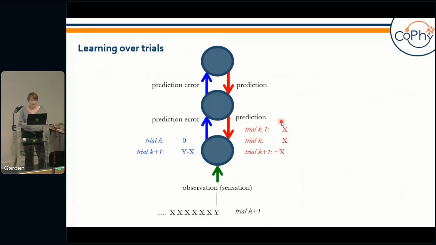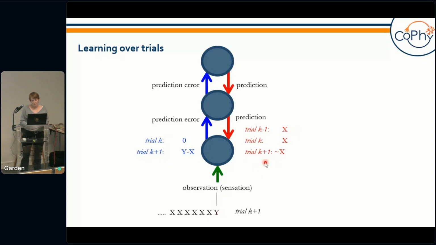So there is a mismatch between the prediction, an X, and the observation, a Y, and this makes a prediction error. Then the prediction is slightly updated. The system is not already predicting a Y because it has just seen one. Of course, this is a very schematic approach just to see how it works.